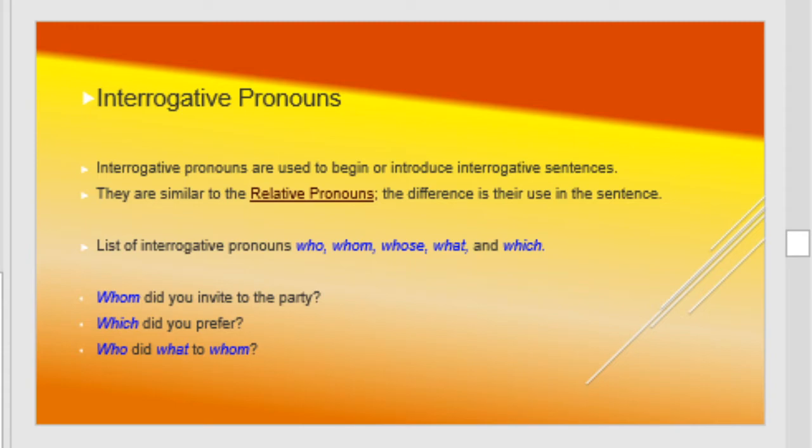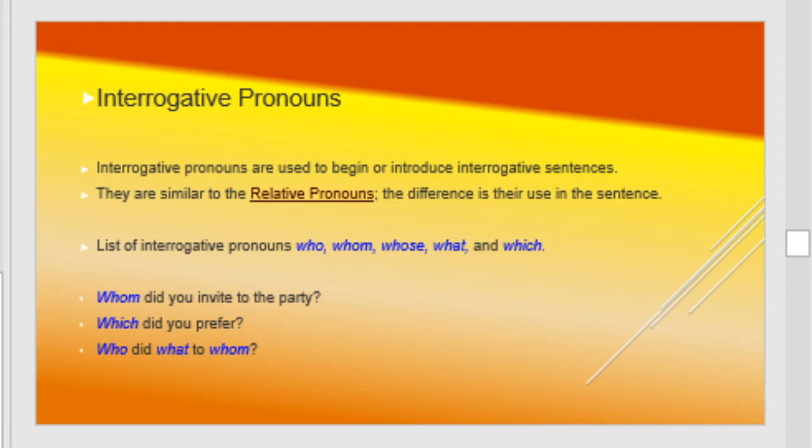This is to talk about questions, to interrogate. Interrogative pronouns are used to begin or introduce interrogative sentences. They are similar to the relative pronouns. The difference is their use in the sentence. List of interrogative pronouns, maybe only a few compared to relative pronouns.